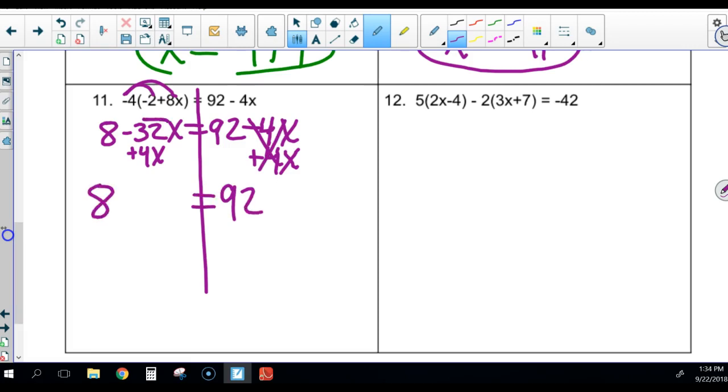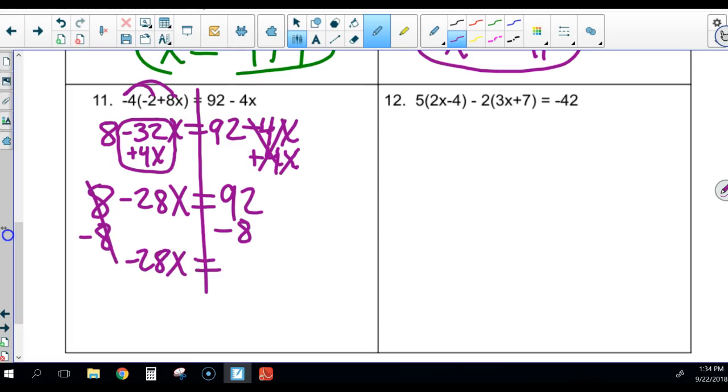Now we have a negative 32 plus 4 is going to give us negative 28x. Isolate the x now, so minus 8. Negative 28x equals 92 minus 8 is 84.